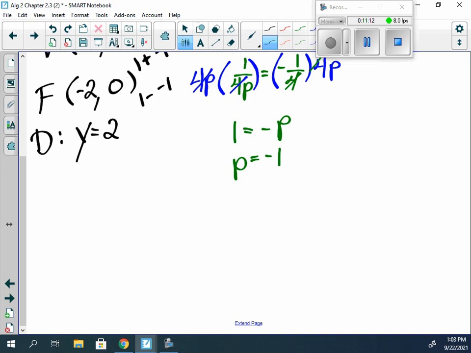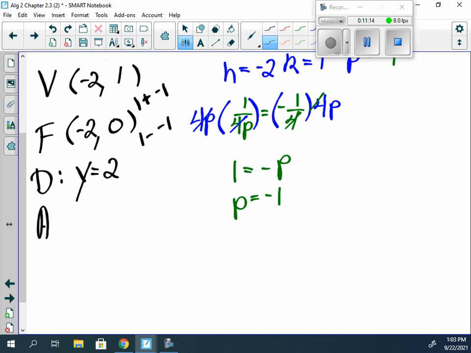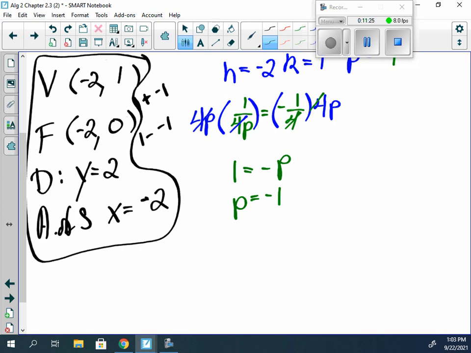And last but not least, the axis of symmetry would be x is equal to -2. And that's it. So what is the main thing that we have to do for any of these here? So I need to find what? The values of h, k, and p. Because once I find all three, then we're good.